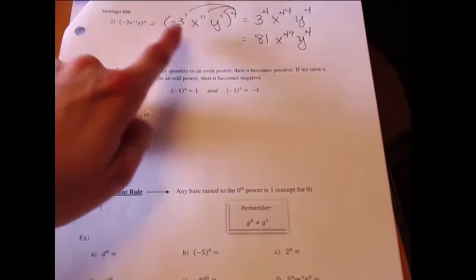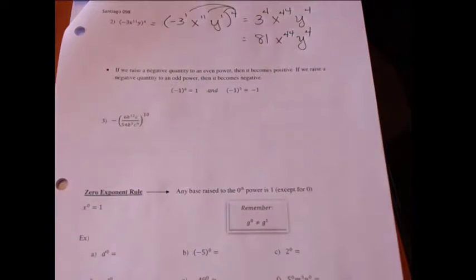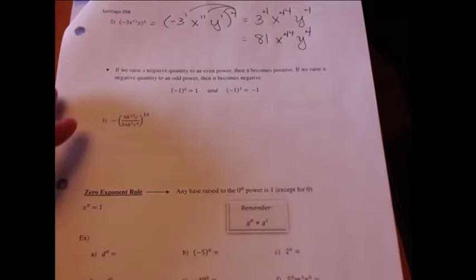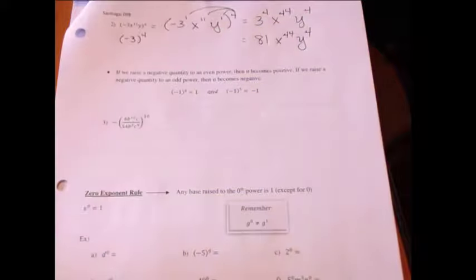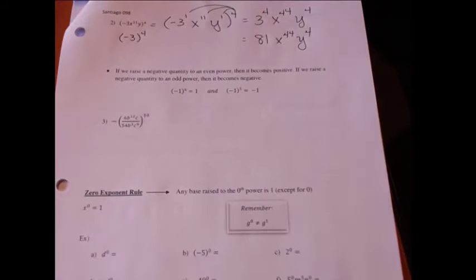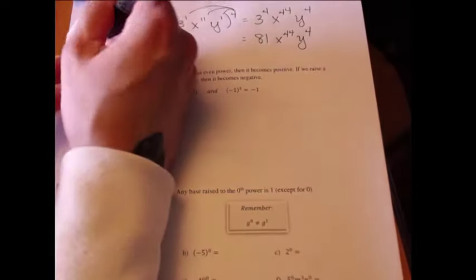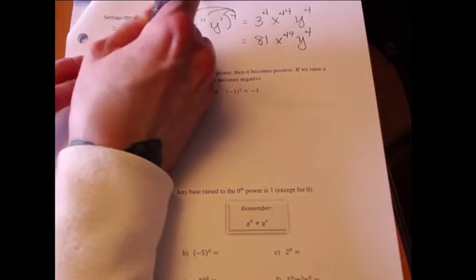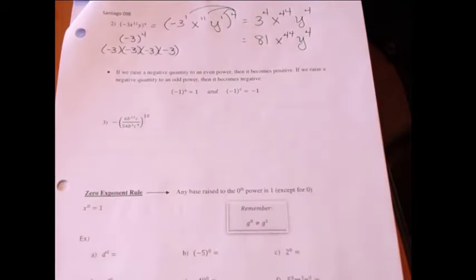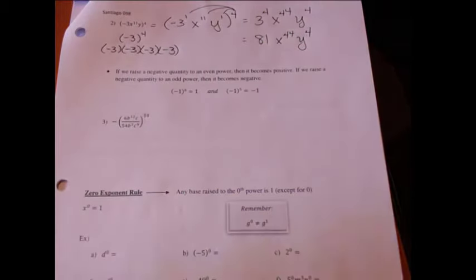If that idea about the negative being raised to the fourth power is still tripping you up, check this out. Do you agree that negative 3 to the fourth power, just like I have written here with parentheses, would be rewritten as a negative 3 times a negative 3 times a negative 3 times a negative 3? Nobody says you can't rewrite it so that you can see it better.